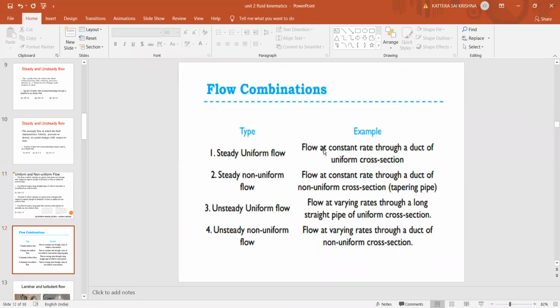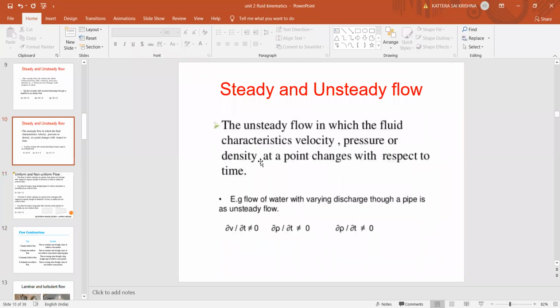Steady uniform flow. Example you can see here. A duct is nothing but a small pipe. Flow at constant rate through a duct of uniform cross section. So if you have uniform cross section, you can see this type of flow, steady and uniform. What is steady?